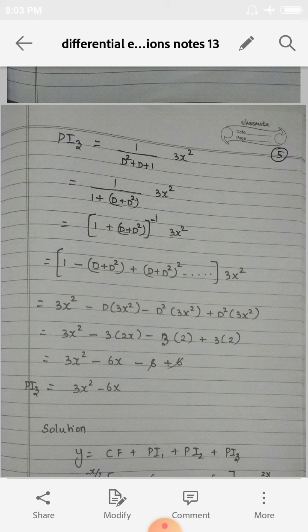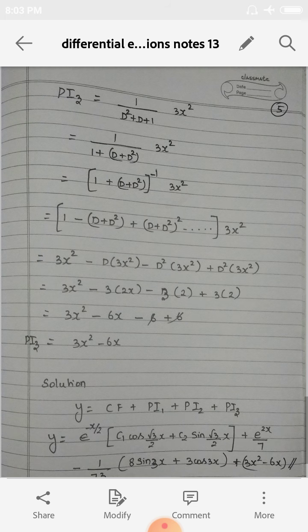So 3 into x square we get 3x square, and then minus differentiation of 3x square, minus d square of 3x square, plus, see the third term, d plus d square the whole square. If we split this, what happens? A d square term comes, a d cube term comes, d power 4 comes. So neglect d cube and d power 4, take only d square. So plus d square of 3x square.